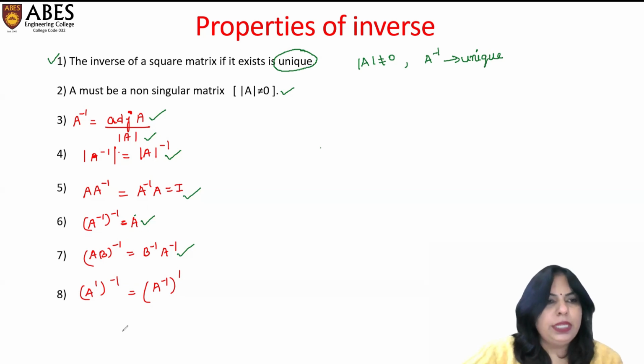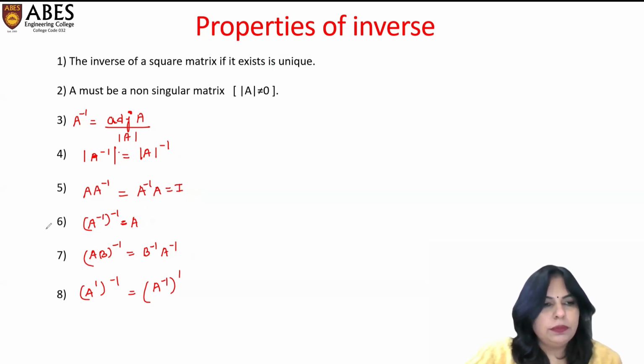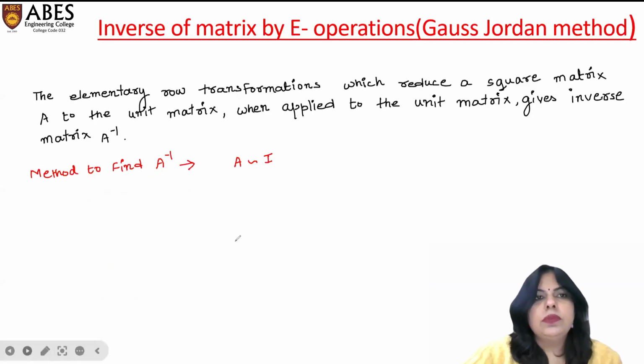The next one is finding the inverse of a matrix by elementary operations, and the name of the method is Gauss-Jordan method. This is the method we are going to use in this topic.